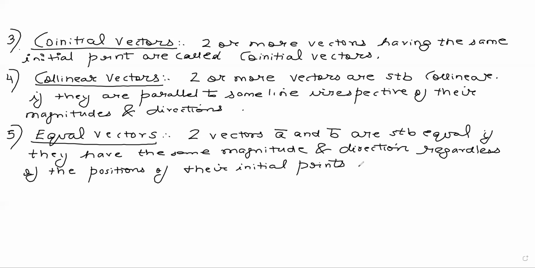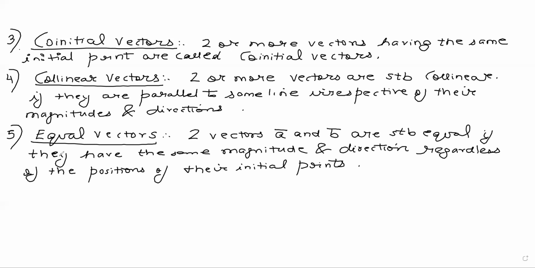So we say that two vectors A bar and B bar are said to be equal if both these vectors have the same magnitude, same length, and same direction also. If two vectors have the same magnitude as well as the same direction, they are said to be exactly equal. Now guys, it does not matter what the position of their initial point is.